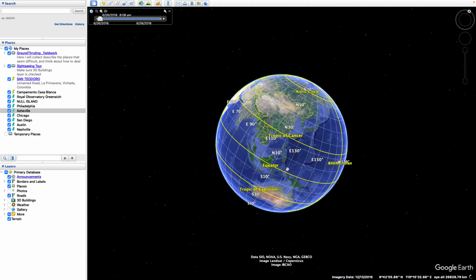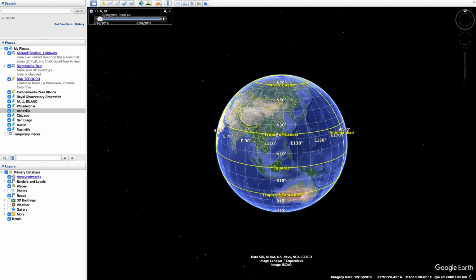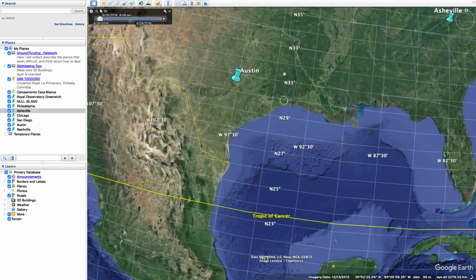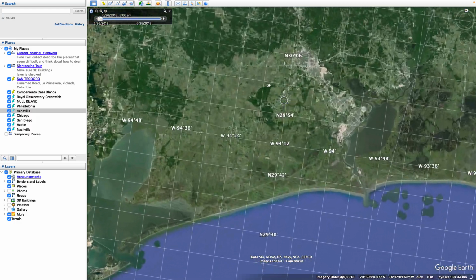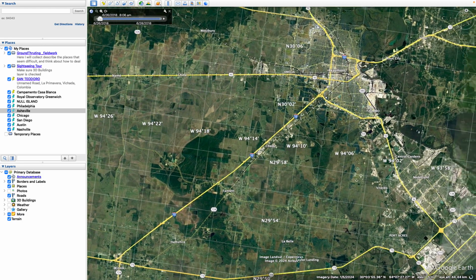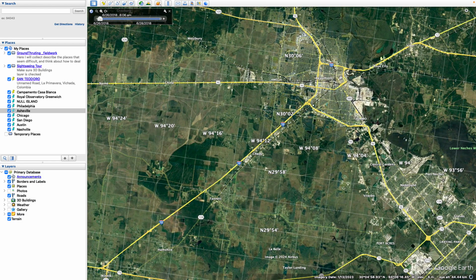But we can go as close as we want, and you will see that the grid becomes finer and finer and shows the specific location. This is how each coordinate on Earth is expressed. All the places on Earth have a specific coordinate that identifies it.